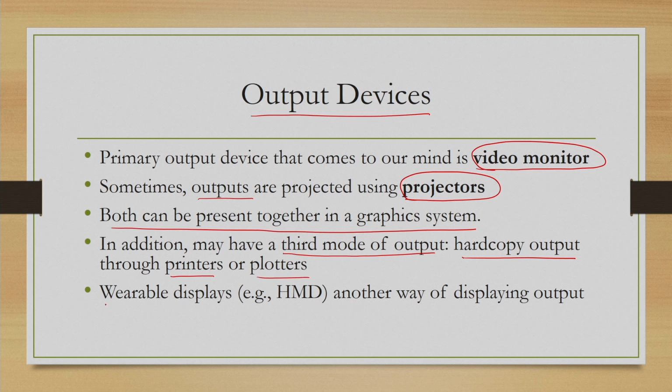Also nowadays we have wearable displays such as head mounted displays, HMDs, which are not traditional computer screens, but they also provide a way to display output. So, there are outputs available in different ways.